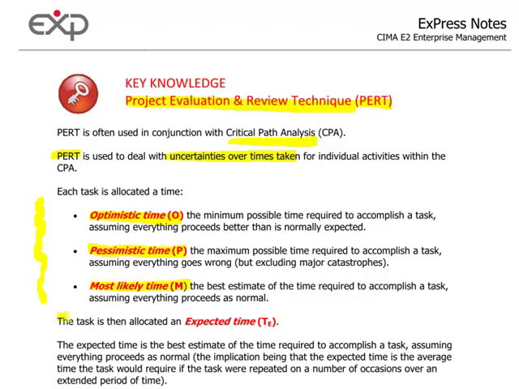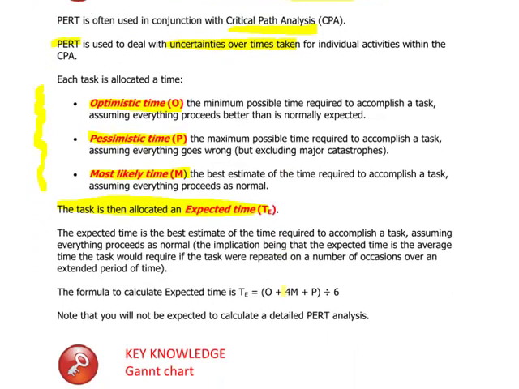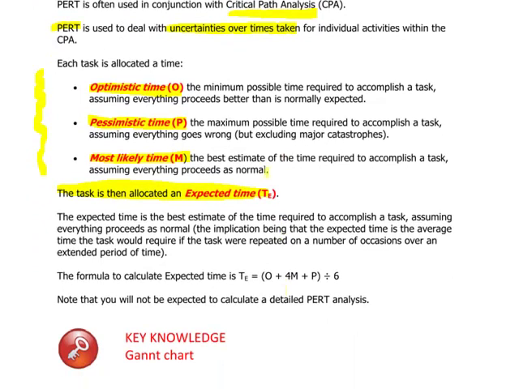Taking all of these together, we get what is known as an expected time. So the expected time that each task will take is the best estimate of the time required to accomplish a task.